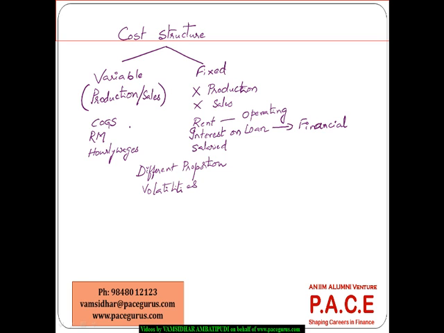Now, once we know the cost structure, we have to see what different kinds of risks come out of this cost structure. Overall, I am going to look at the two major forms of risk. One is the business risk, two being the financial risk.